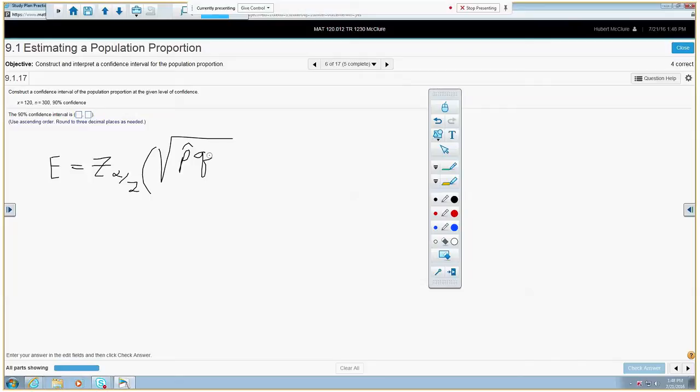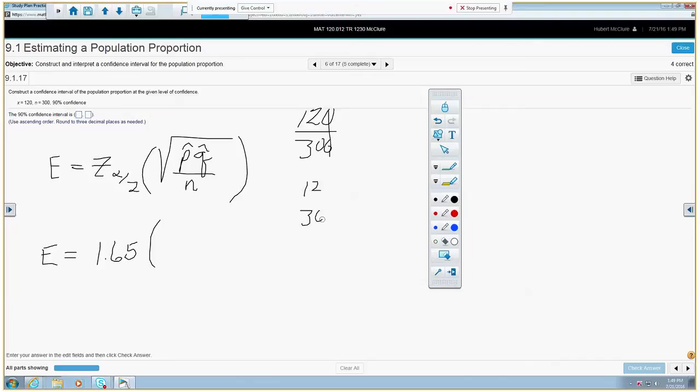Make sure I remembered the formula correctly. Somebody give me a 90% confidence interval. Remember, I just need the distance. 1.65. So that'd be 1.65. And then P hat, we take 120 over 300, which is 12 over 30.